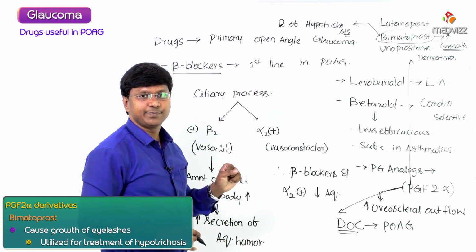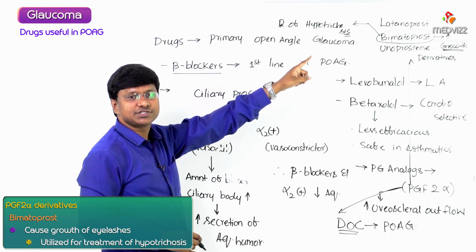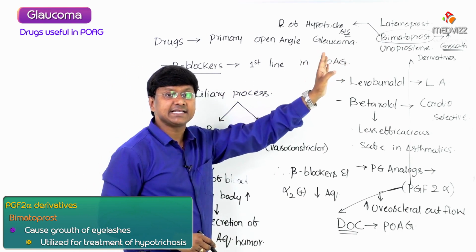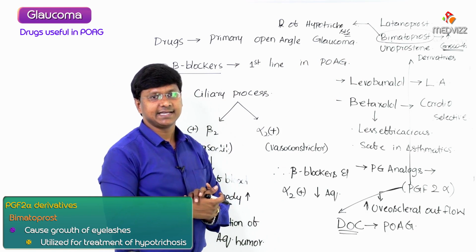So in hypotrichosis, the bimatoprost is used, because it causes the growth of the eyelashes.